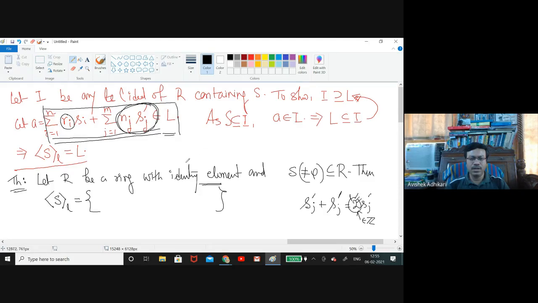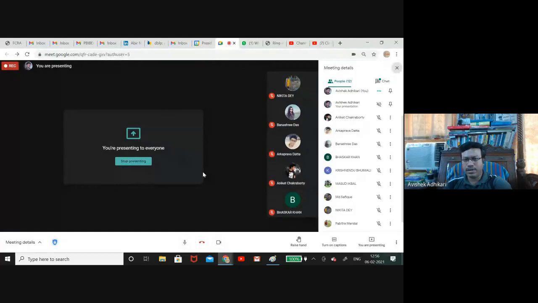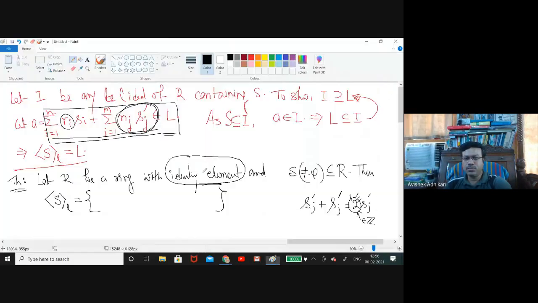Now you have some extra element, you know that the identity element is within this. Then what would be your form? Any idea?